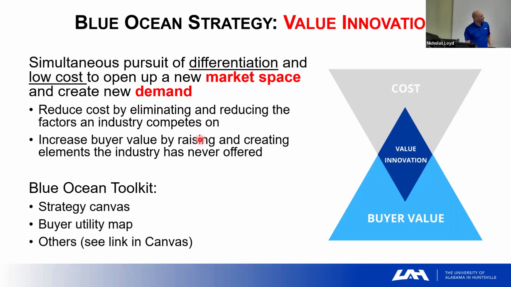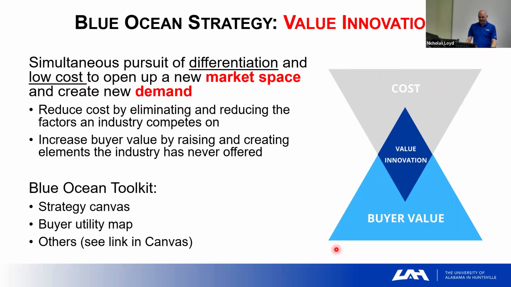And so they talk about one way to view that through their term, value innovation. In other words, it's looking at one thing that's offered in an industry and saying, here's what it costs now. Are there things I can get rid of to make that cost less?